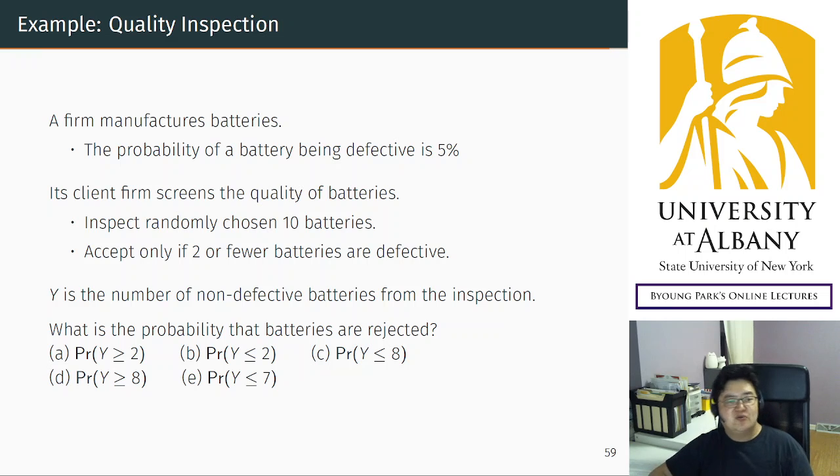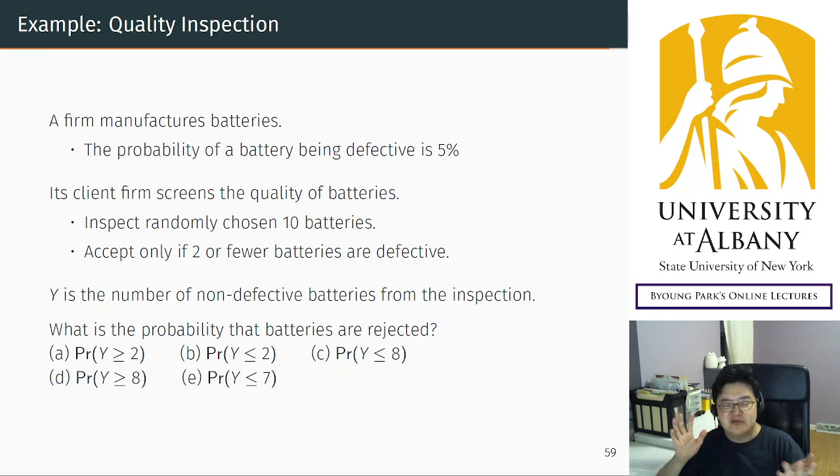Right? So in this case, I'm going to define Y as the number of non-defective batteries from the inspection. Do you get it? And then in this case, what is the probability that the battery shipment is rejected? Think about this.